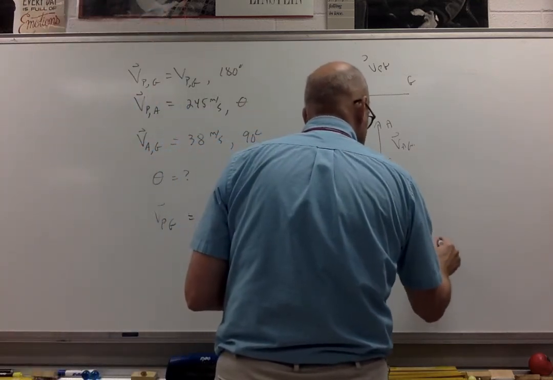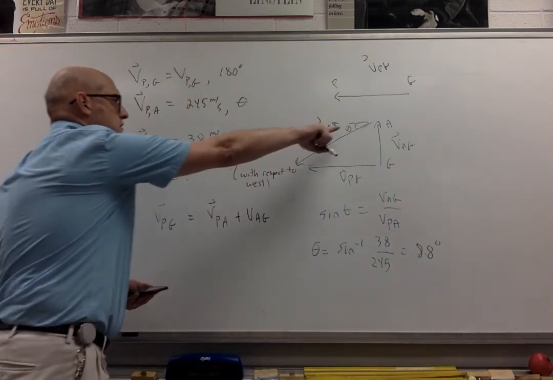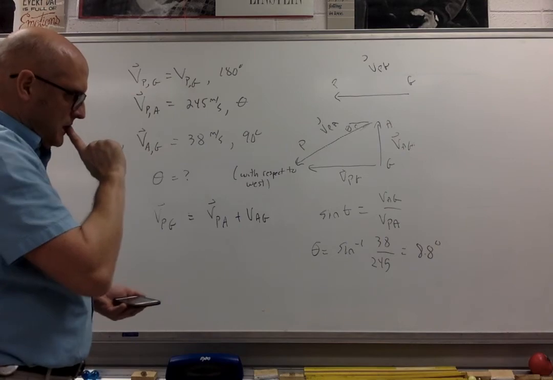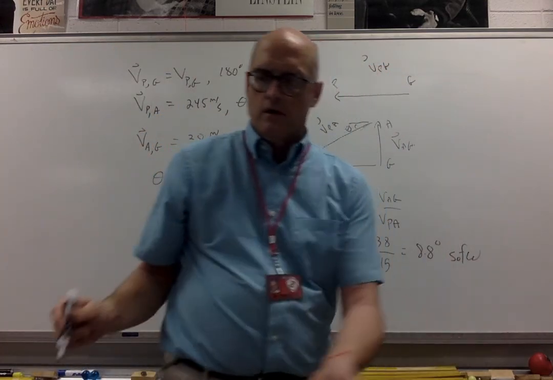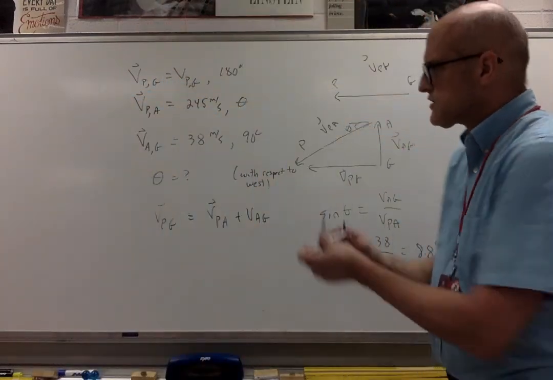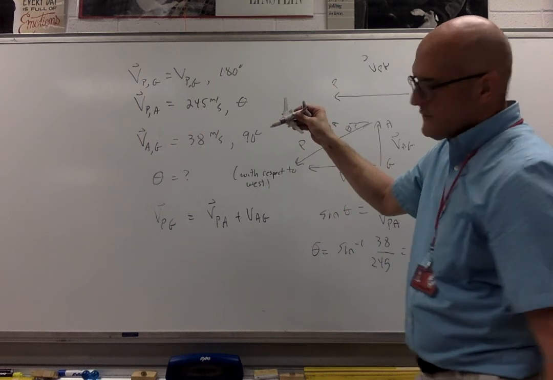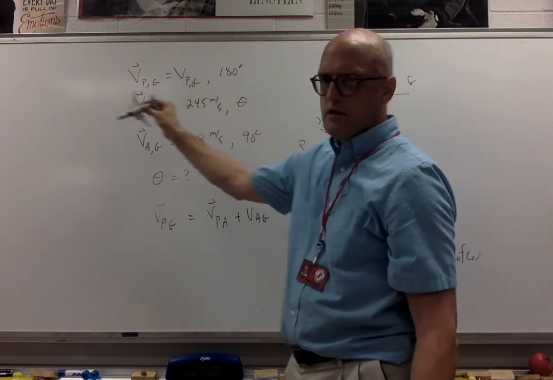So 8.8 degrees, that's the angle here, so that would be south of west. Okay, so the pilot has to direct his plane a little bit into the wind, because the wind's blowing this way, so that he goes due west.